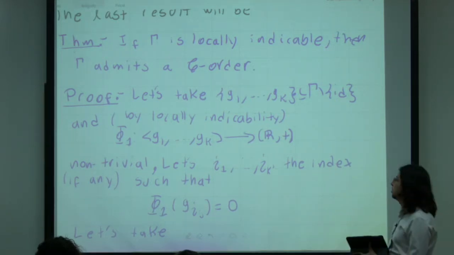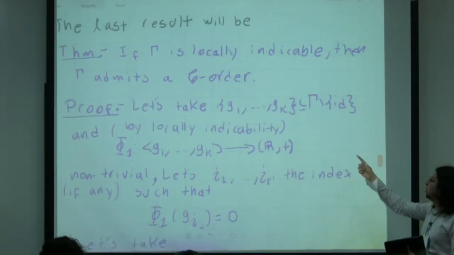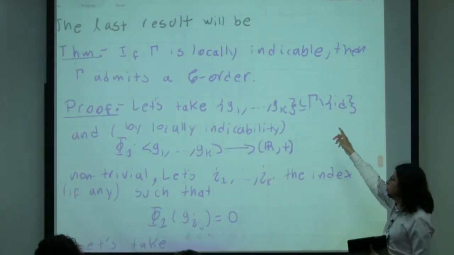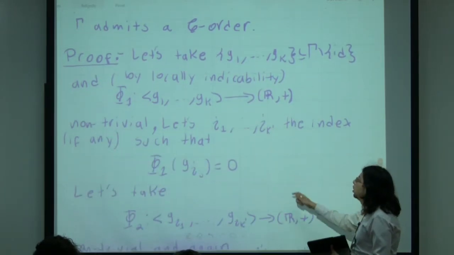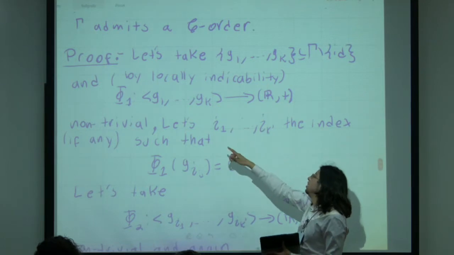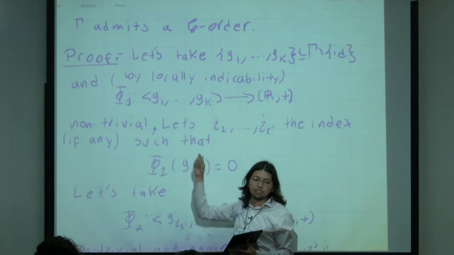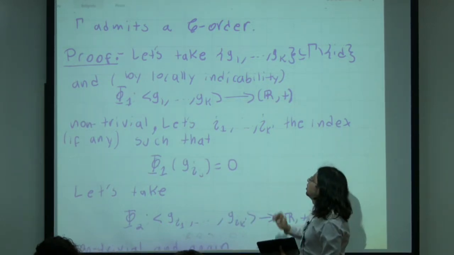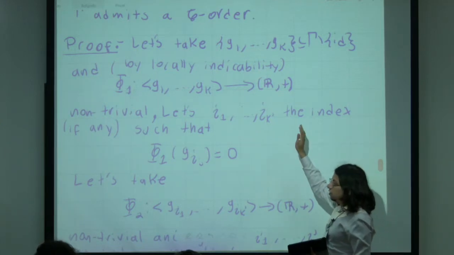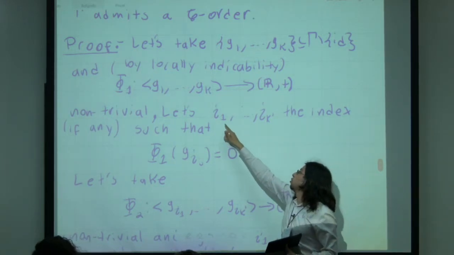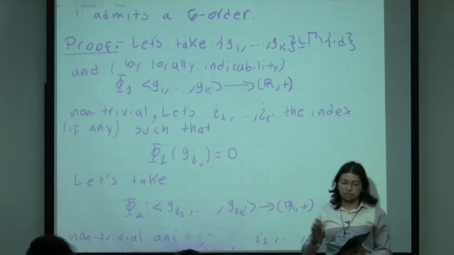Finitely generated. Yeah. Sorry. So, well, we take a finite subset of the group, and we have by locally indicability that there exists a homomorphism from this finitely generated subgroup to R that is not trivial. Let's take if there is any index such that the homomorphism sends these elements to 0.